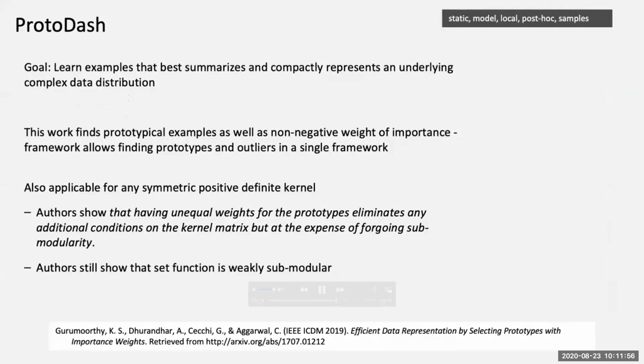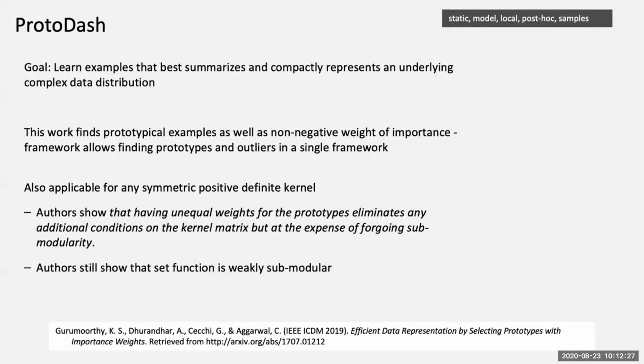So the main goal of the Proto-Dash algorithm is to find samples or examples that are the most representative ones to summarize the underlying complex data distribution. And the way it generates these representative samples is by assigning non-negative weights of importance to each of the samples.